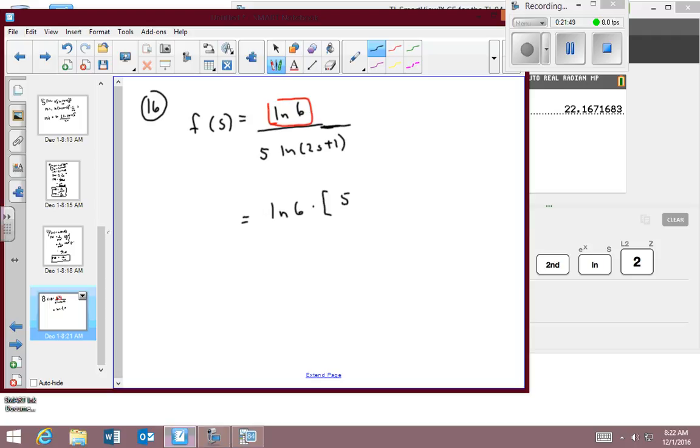I'm not going to bring that 5 up. I'm going to leave it down. I'm going to bring this LN of 2. That S is going to look like a 5 sometimes.